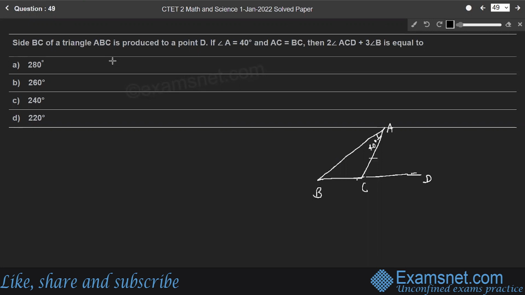If angle A is equal to 40 degrees, AC is equal to BC. Two sides are equal, hence ABC is an isosceles triangle. So here given angle A is equal to 40 degrees and AC is equal to BC.